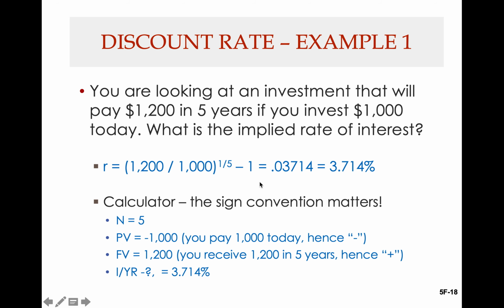Using our financial calculator, we enter 5 as the number of years, present value as $1,000, and our future value as $1,200. We press the interest rate and we get 3.71%, precisely the same answer as was found using the formula.